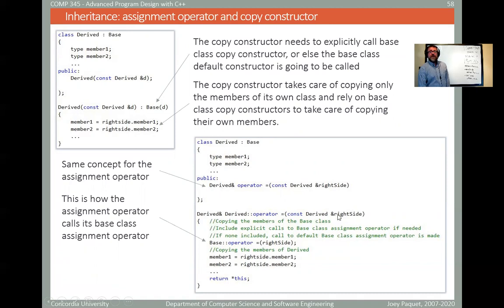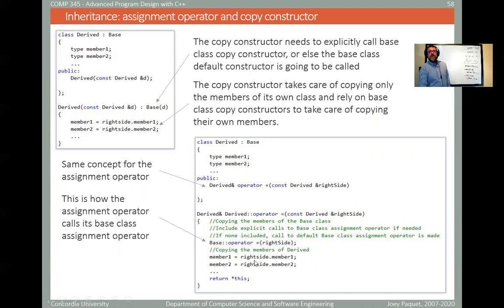When you define this assignment operator, it takes a reference to an object of type derived and returns a reference to an object of type derived. Then, as you may see here, it copies all the values of the members of the parameter into the data members of the current object, that is the target of the assignment, essentially.